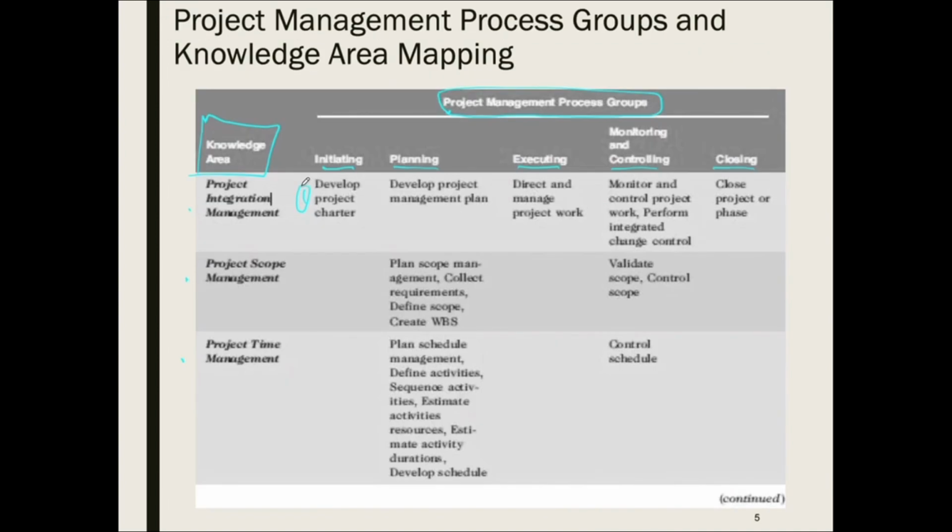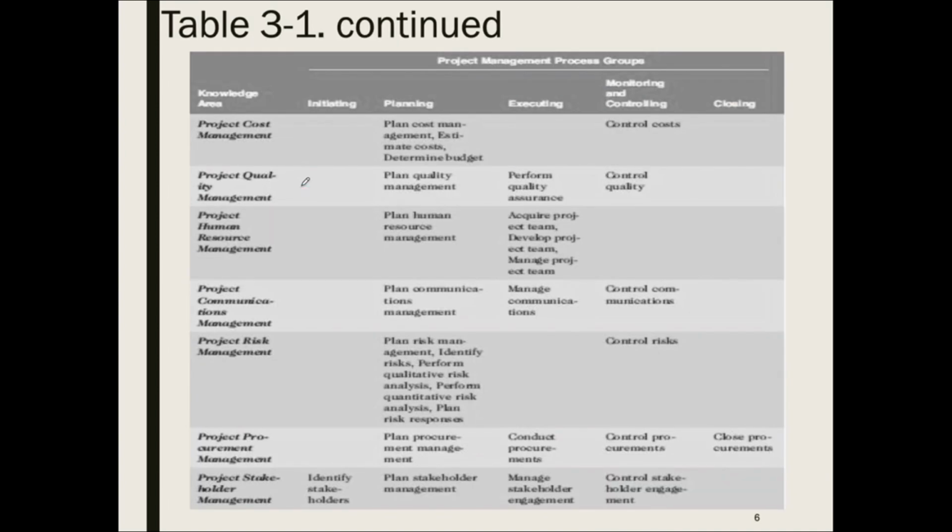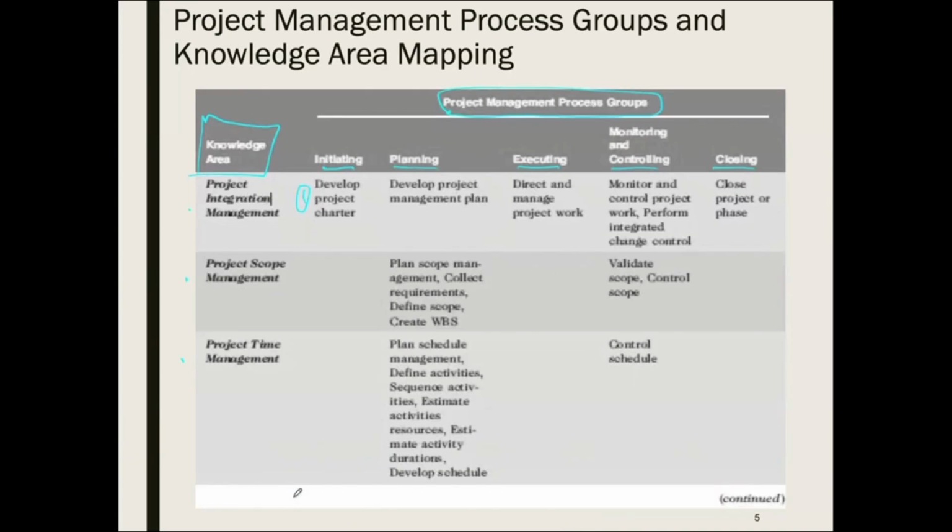No, because if you go down here also, we have identifying stakeholders. In the knowledge area of stakeholders, we also have 1 process. So this means that in initiation, we have 2 processes to conduct.